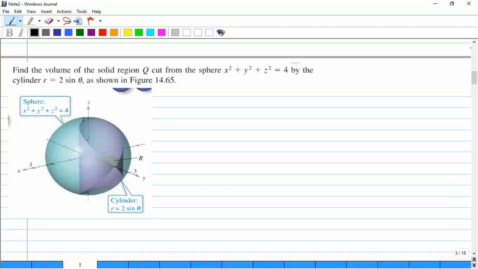It's cut off in this picture. You see how it's going down like that? That's where it starts to touch the sphere. But this cylinder would actually go outside of that sphere. What we're figuring out is the volume here that's inside the sphere.